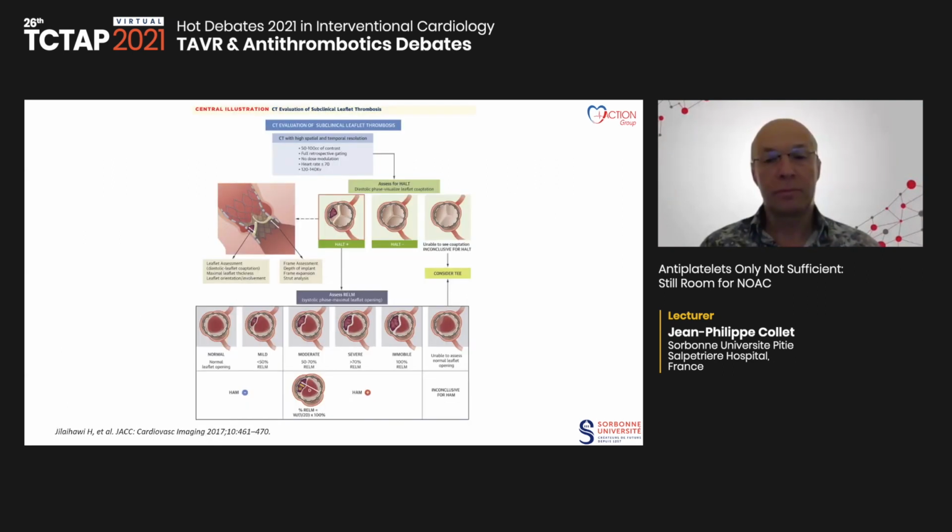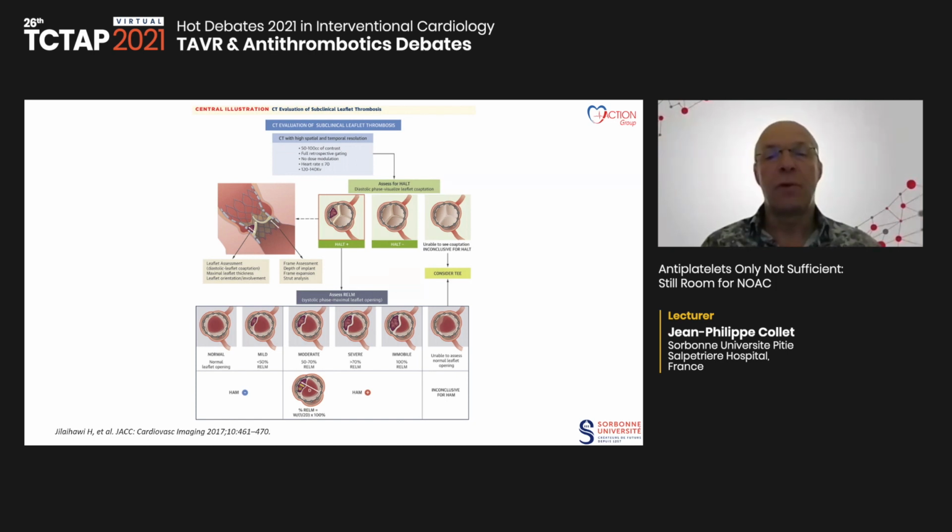Anyway, this is the illustration of thrombus formation here on the left-hand side, and the progressive hypoattenuation of the leaflets from the external part, the commissure of the leaflets, up to the central part of the leaflets.